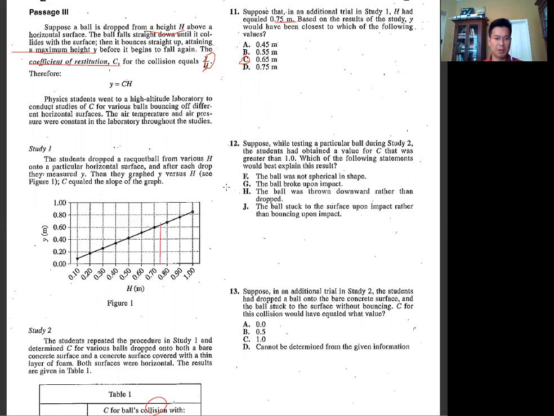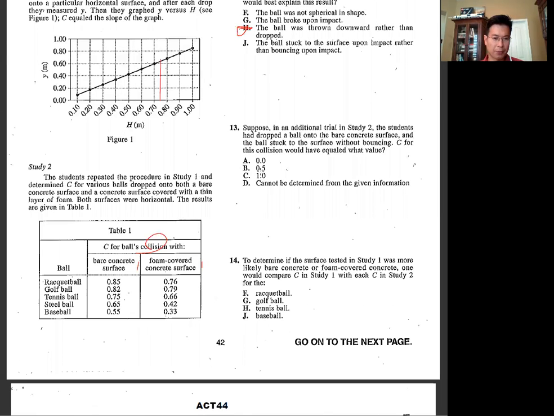That's why it cannot be 1. Greater than 1 would mean you cannot just drop it, you have to throw it, otherwise it cannot go all the way up there. So which is H, yeah. Using a bit of common sense here too. Number 13, suppose in an additional trial in Study 2, a student dropped a ball onto a concrete surface, a surface without bouncing.